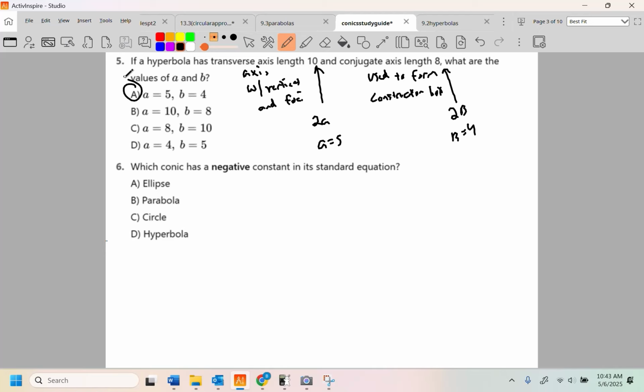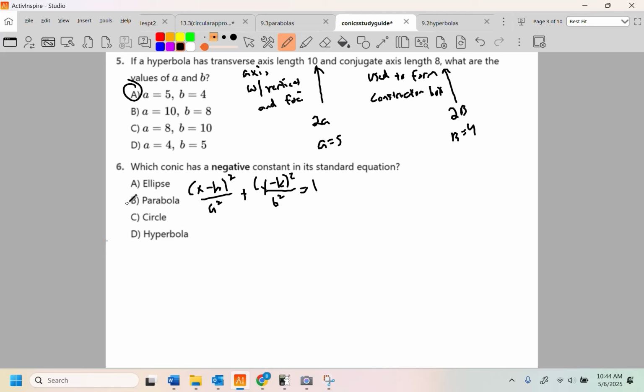Really not that hard. Which conic has a negative constant in its standard equation? It's kind of interesting. So let me go over some of these. The ellipse, I had a brain fart here, is x minus h squared over a squared plus y minus k squared over b squared equal to 1.